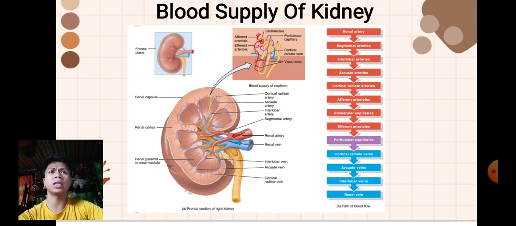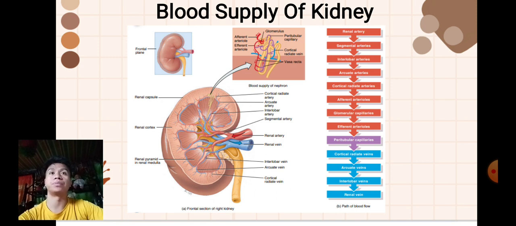So it carries blood out of the glomerulus. This capillary network plays an important role in urine formation. Take note that glomeruli are considered part of both the cardiovascular and urinary systems.